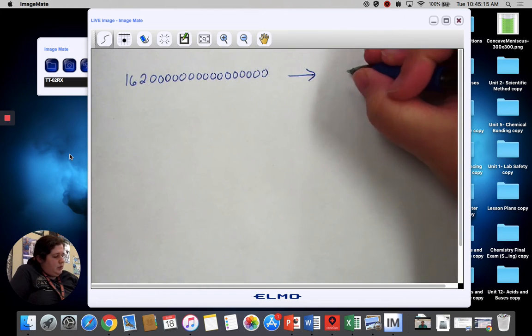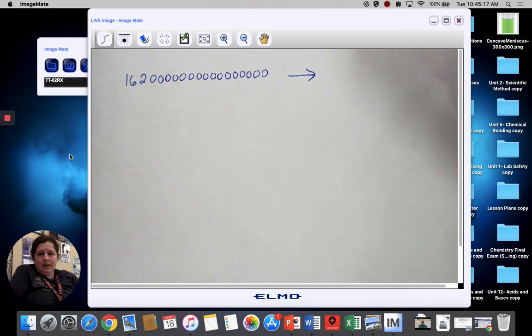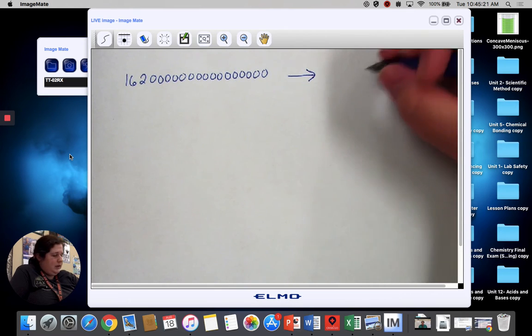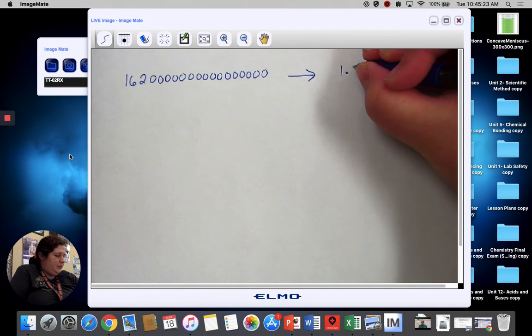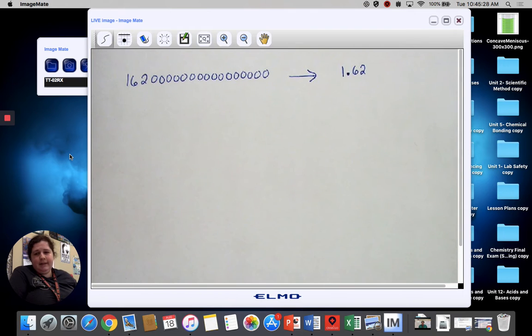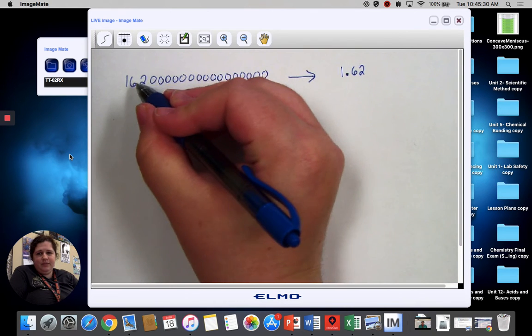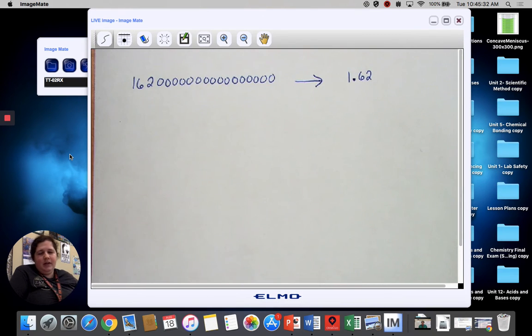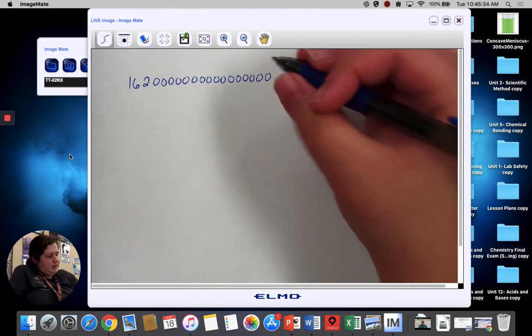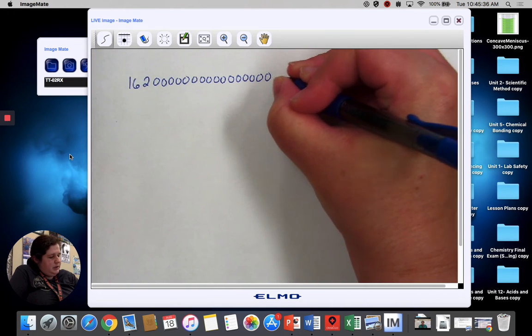Okay, so just eyeballing this, the only number that I'm going to get between 1 and 10 is going to be 1.62. Okay, you can try that out for yourself, but it's going to end up falling right there. Okay, so let's put our decimal at the end.